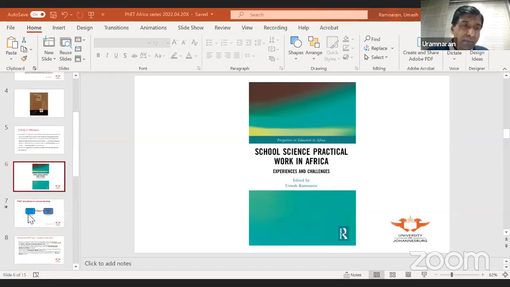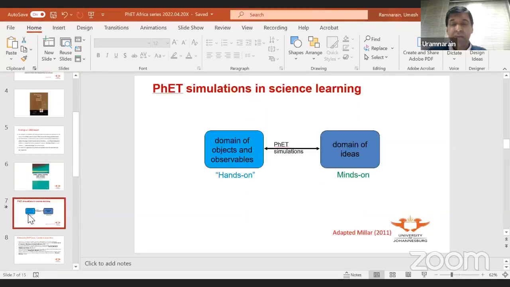The next figure I present is pretty similar to the one that I've just presented. The difference here is that connecting the two domains, we now have PhET simulations. So the way in which we see PhET simulations is it provides opportunities, experiences for learners to deepen their understanding of the natural world by asking questions, collecting data, interpreting data as evidence, communicating findings.